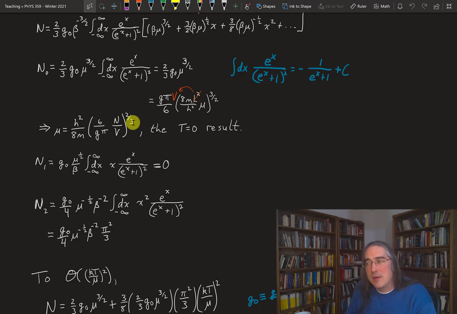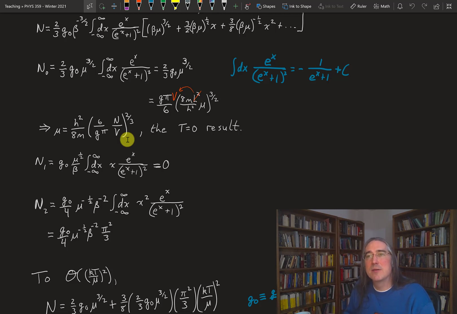And again, let me make this point one more time, just because I am seeing some folks commenting on Piazza that maybe this isn't totally clear. And if a few people are commenting, that probably means a lot of people are wondering about this. This is the formula for the Fermi energy of a gas in a box. Right?